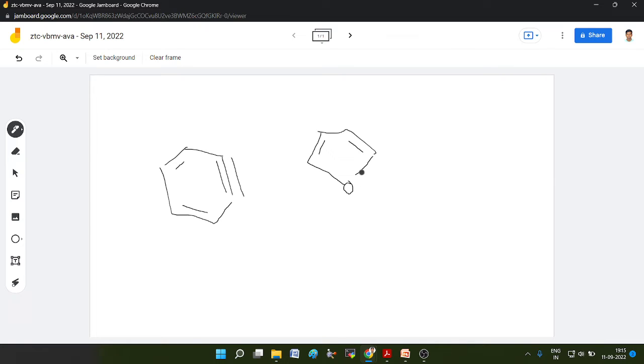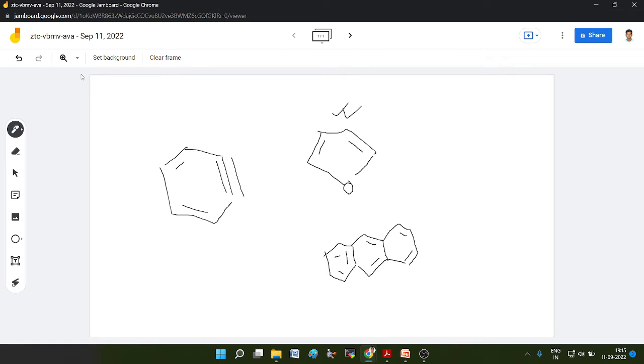In the earlier example we showed anthracene, right? There anthracene acted as a trapping agent. Here in place of anthracene we have a furan ring. So again we can think of it as a 4+2 cycloaddition reaction.